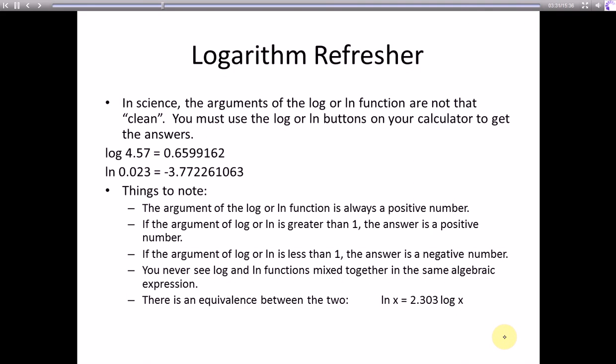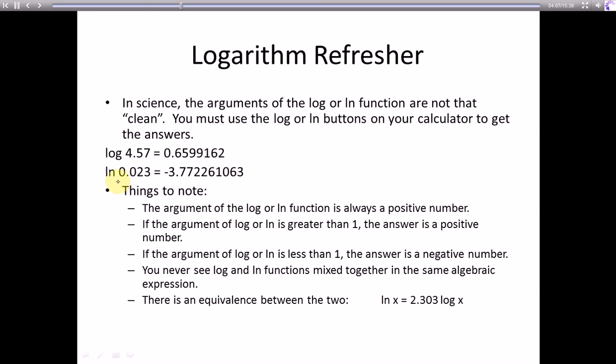Now in science, our arguments of the log are not that clean. They are not these clean powers of 10 or clean powers of e. You must use the log or the natural log buttons on your calculator to get the answers. So why don't you try plugging in the log base 10 of 4.57 and make sure that you get the following number, just to check that you know how to use that function on your calculator.